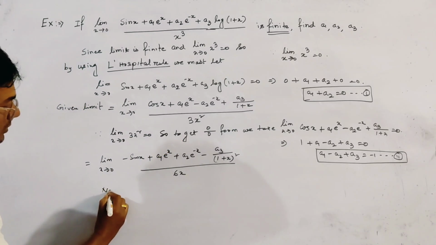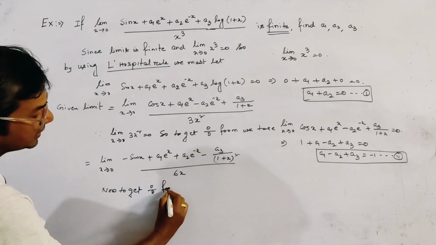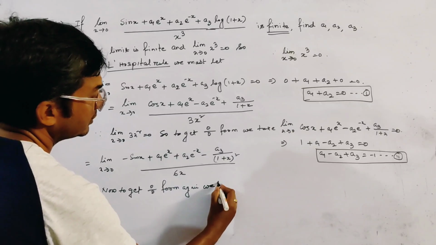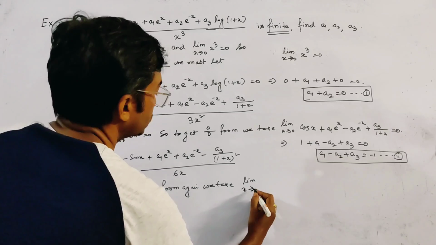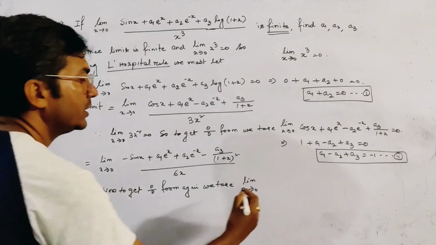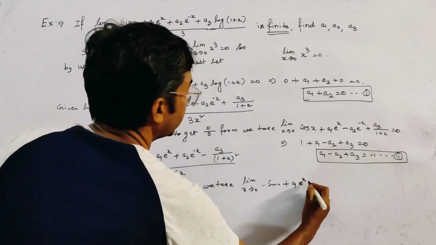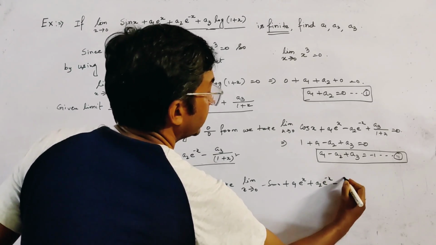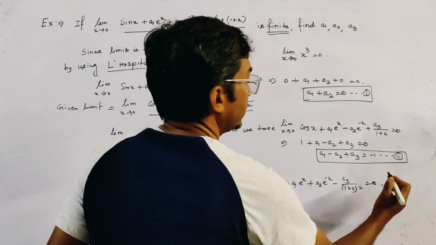To get the 0 by 0 form again, we take the numerator, -sin x + a1 e^x + a2 e^(-x) - a3/(1 + x) whole square, equal to 0.